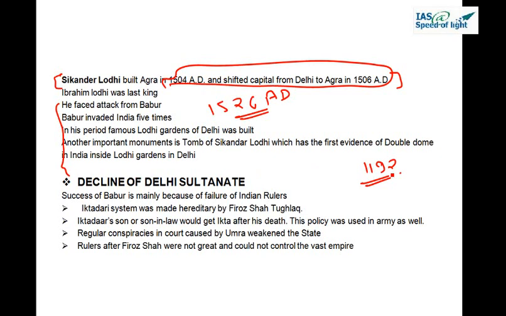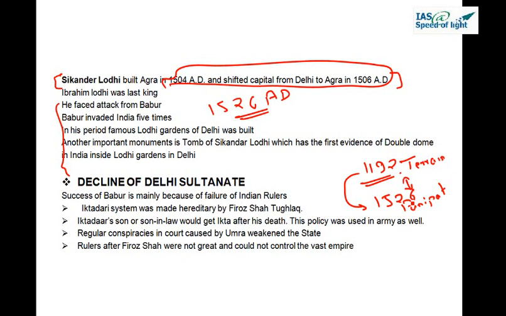It breathed its last in 1526 AD. This was Tarain, and this is Panipat, a few miles from Tarain, where the Delhi Sultanate ceased, when Babur defeated Ibrahim Lodi.